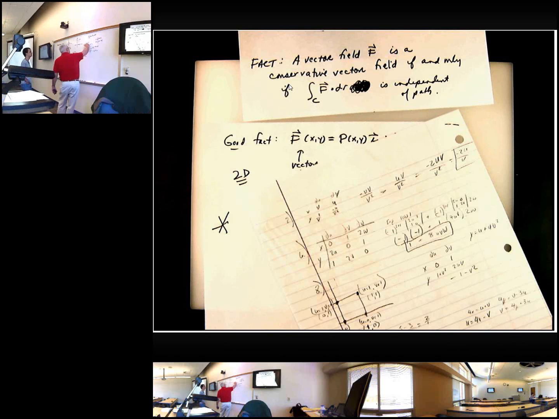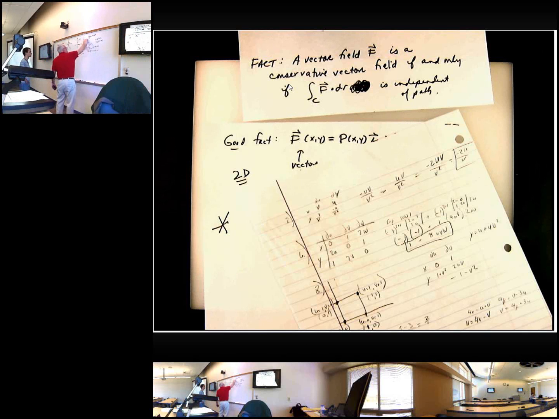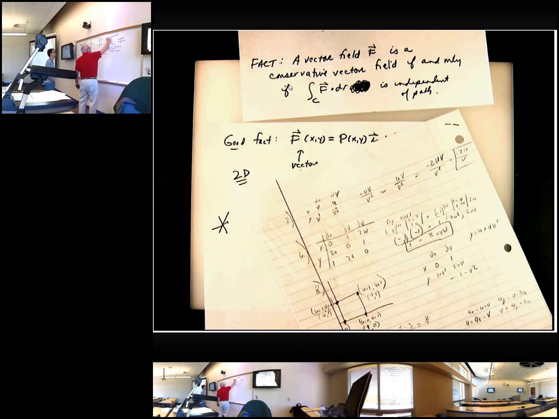So this is y equals minus 3x. And the last one has slope 1, y equals x plus b, so 5 equals 1 plus b, and b is 4 again. Here's the 4.